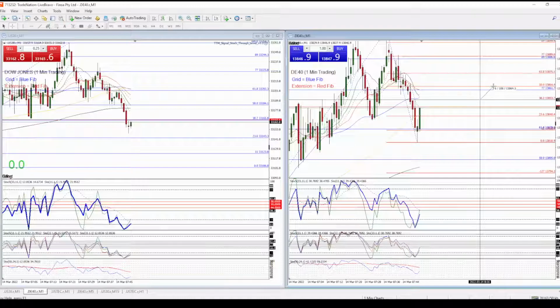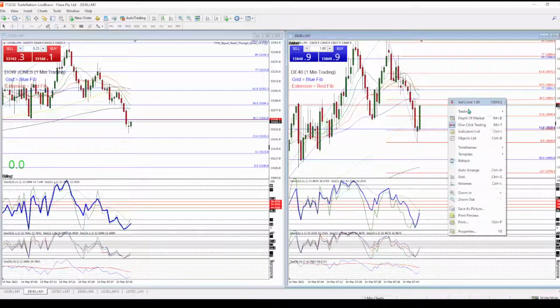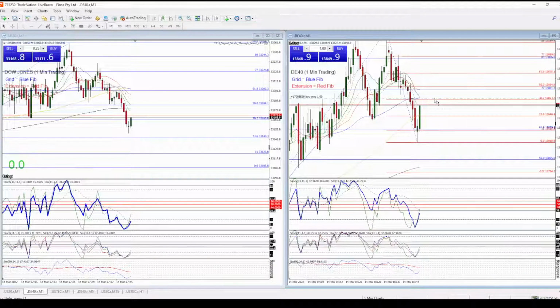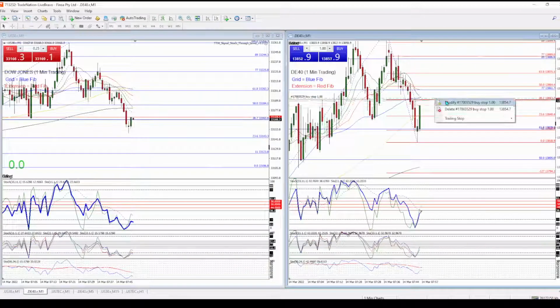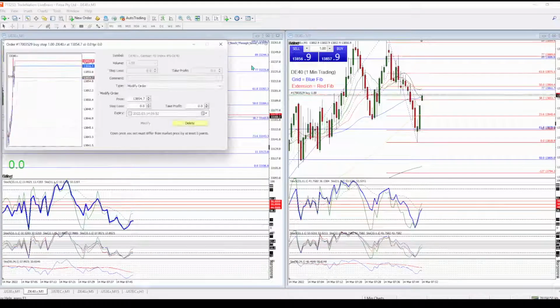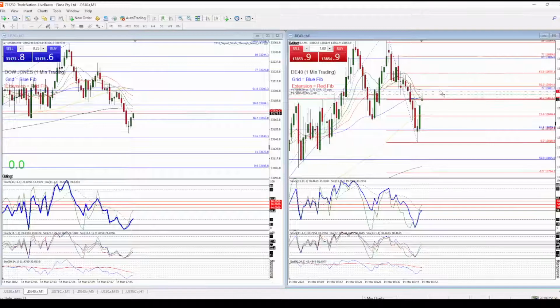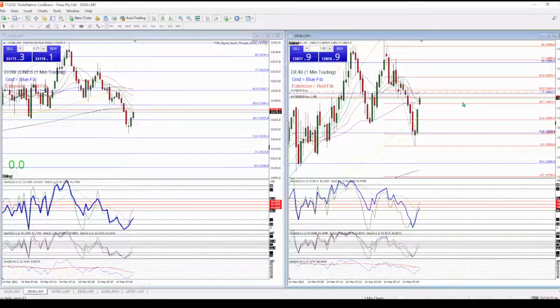Possibility of a long above 38 back to 50. It's about 10 points. Put a quick buy stop in there. Took that buy, for the 5 points above that 77 off the 1-minute grid. Got that small little gap over there.